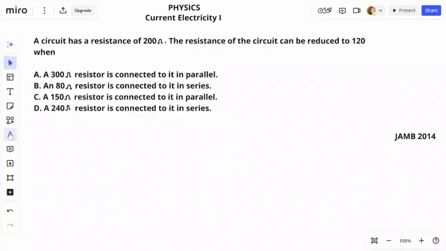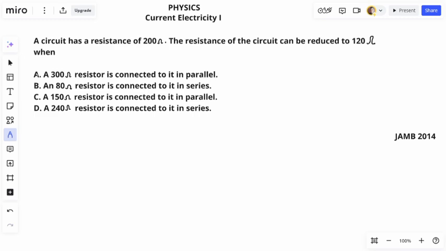All right, let's use this question to understand the effects of series connection and parallel connection in electrical network. So this question says a circuit has a resistance of 200 ohms. The resistance of the circuit can be reduced to 120 ohms.